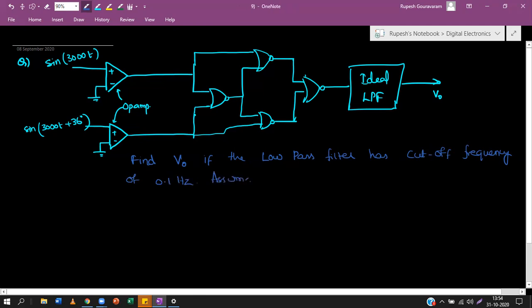Assume logic high as 5 volts and logic low as 0 volts. Okay, so this is the question given.